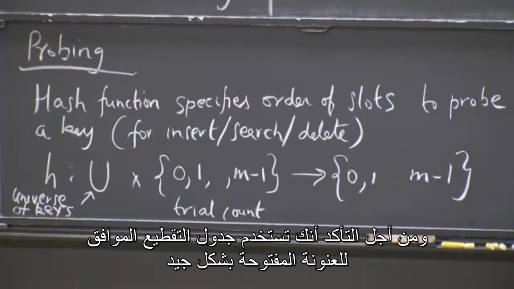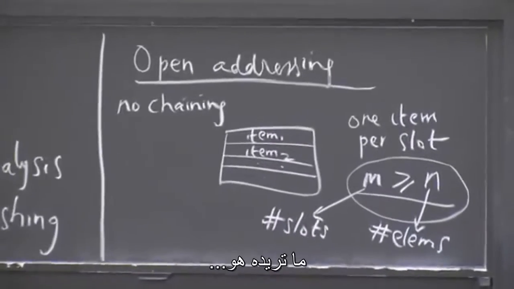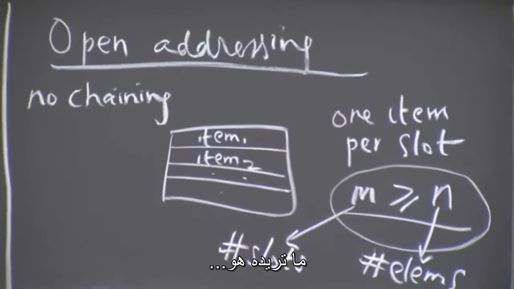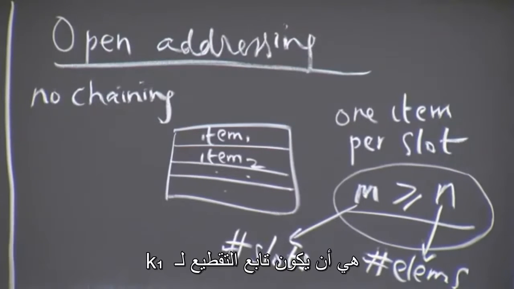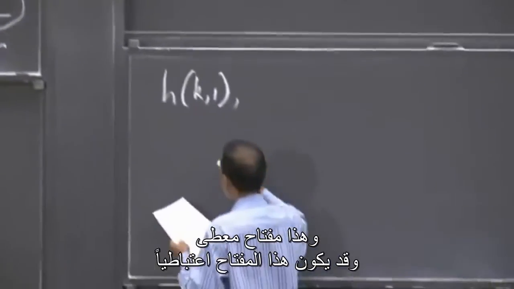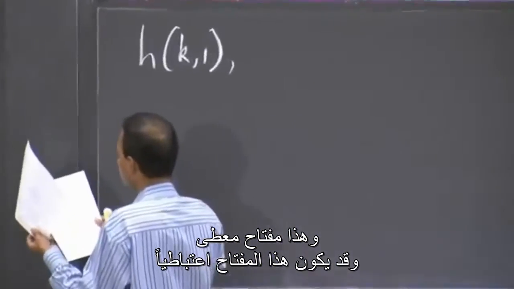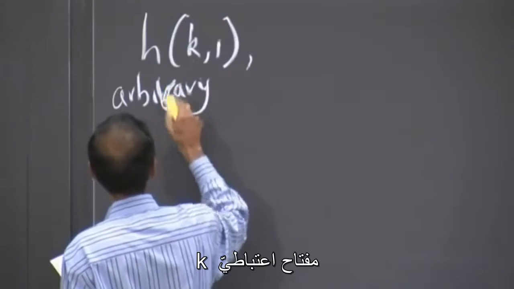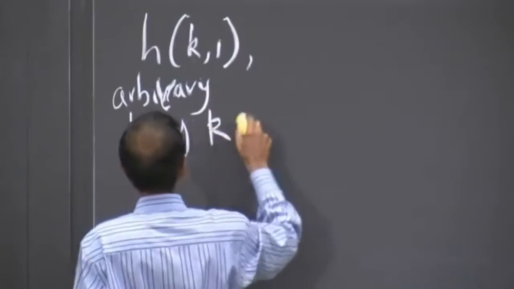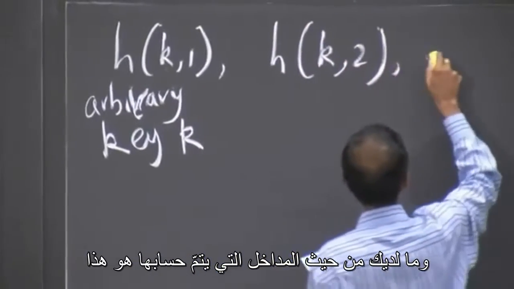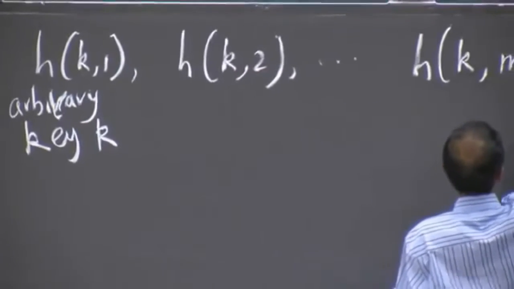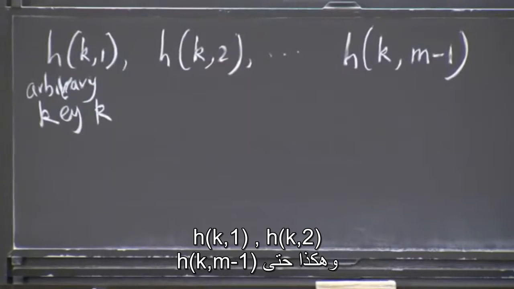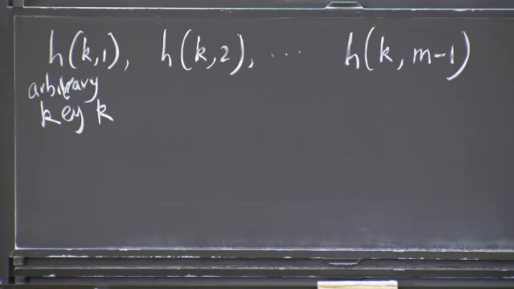In order to ensure that you are using the hash table corresponding to open addressing properly, what you want is, and this is an important property, that for an arbitrary key k, what you have in terms of the slots that are being computed is this: h(k,1), h(k,2), and so on and so forth to h(k,m-1).